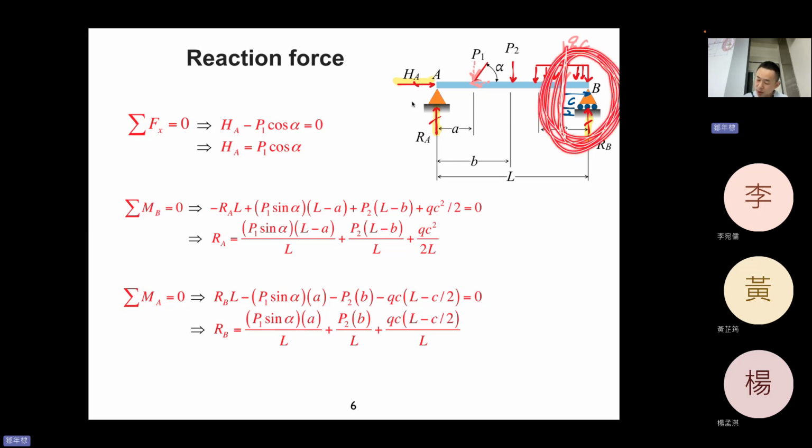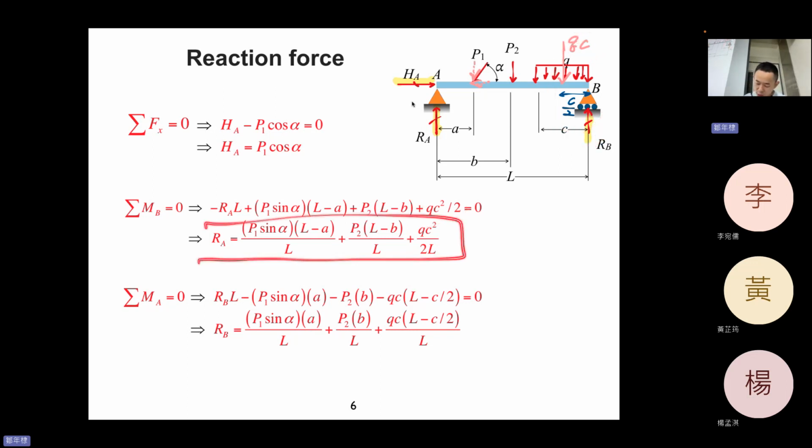It is counterclockwise, so positive QC times C over 2. So you have QC squared over 2. Careful about this moment here. Equal to 0, and then you can get RA equals blah, blah, blah.